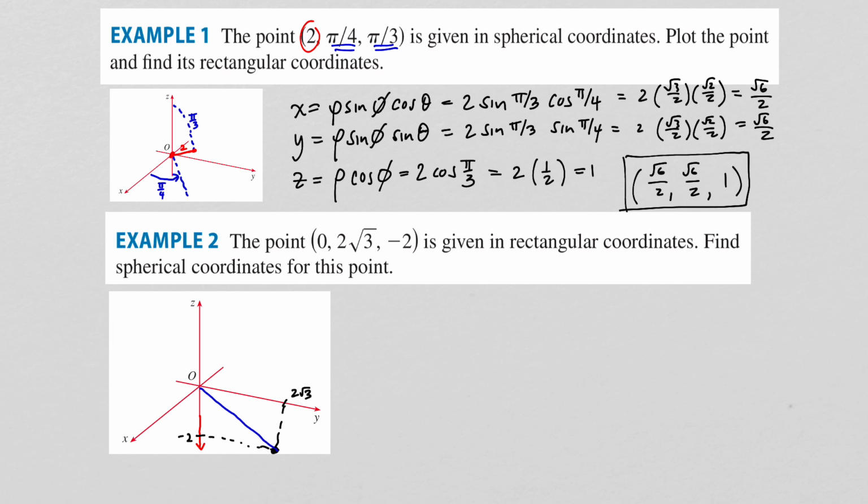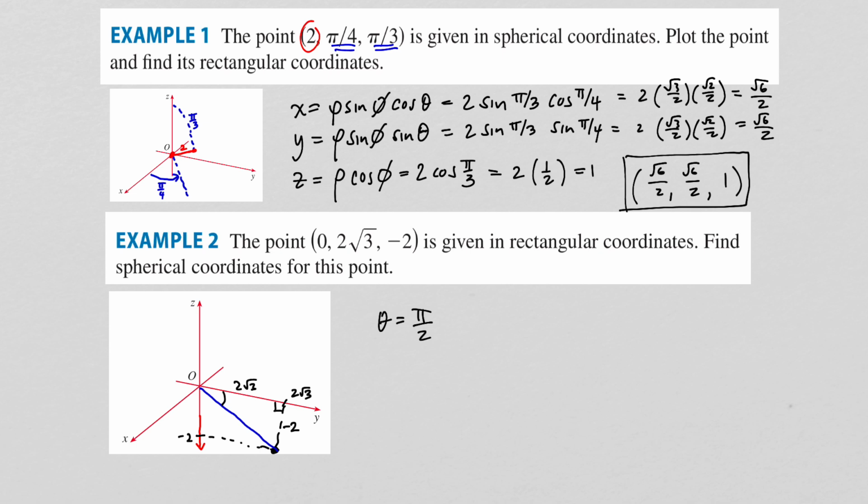All right, now what we know is that the angle theta is the angle from the positive x-axis over to this point. Well, since this point is directly below the y-axis, we know we're rotating through an angle of theta equals pi over 2. Also, in this right triangle right here, we know that this side is negative 2 and this side is 2 radical 3.